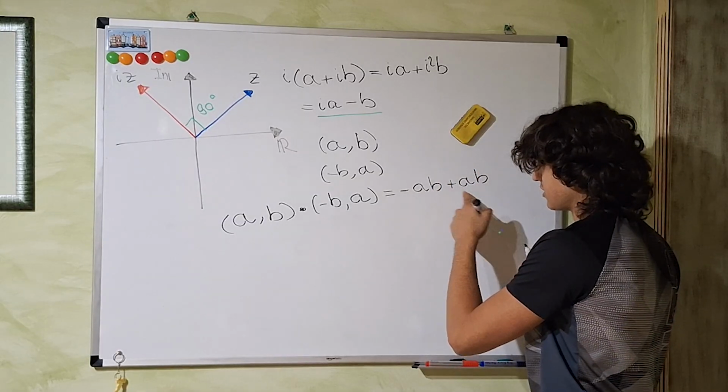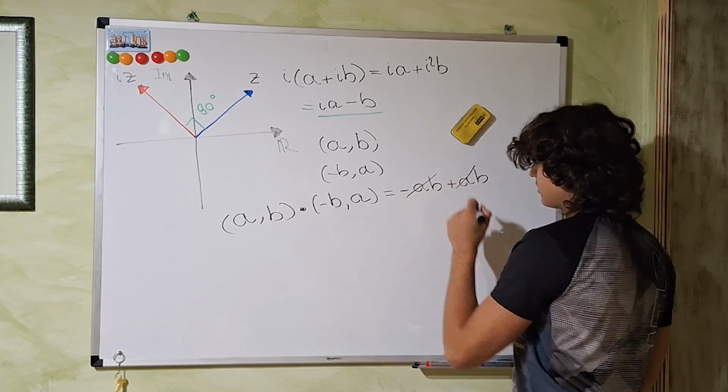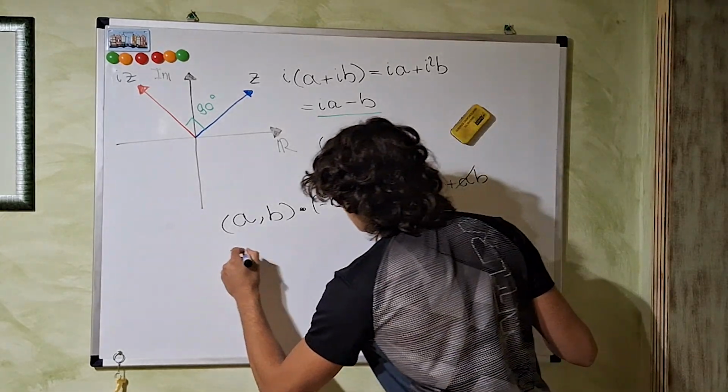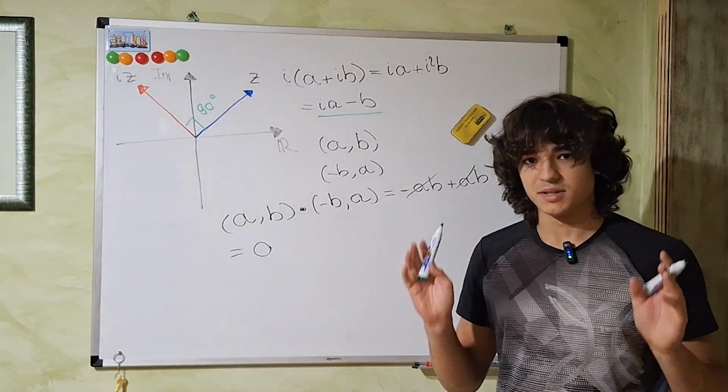The two terms are equal, but they have opposite sign, so we can cancel them out, and we get 0. Indeed, the two complex numbers are perpendicular.